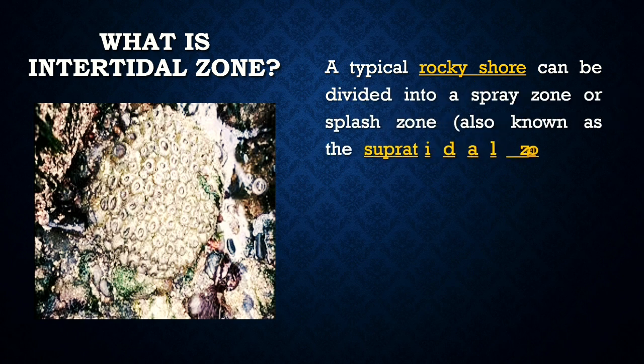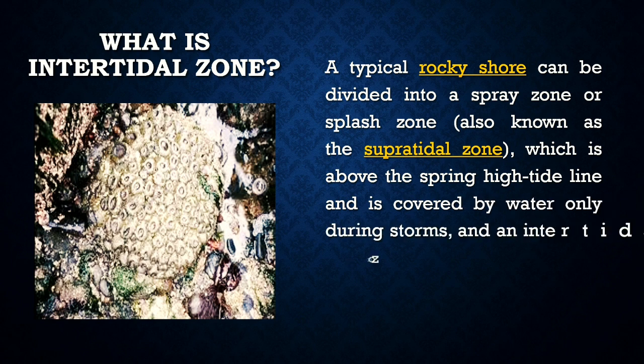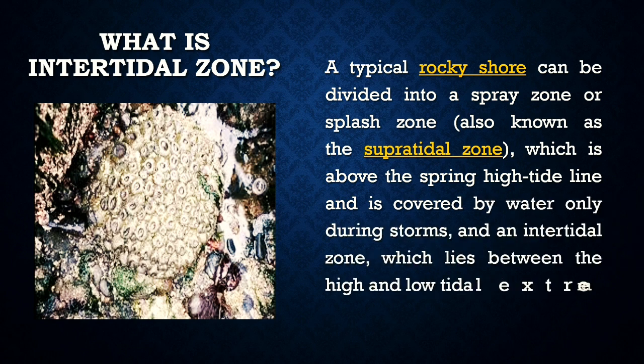A typical rocky shore can be divided into a spray zone or splash zone, which is also known as the supratidal zone, which is above the spring high tide line and is covered by water only during storms, and an intertidal zone which lies between the high and low tidal extremes.